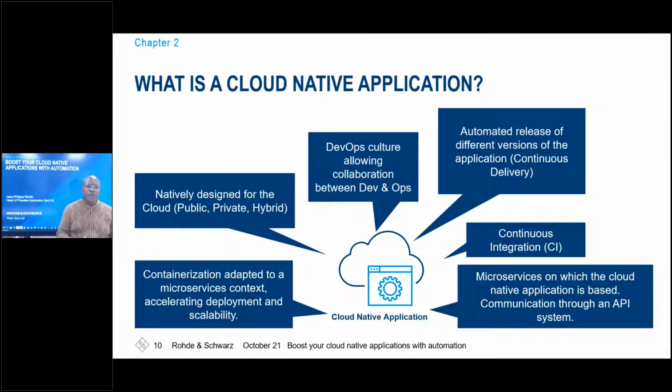So it should be built with DevOps in mind, development and operations in mind. And it should be a collaboration between those two teams, maybe a merge of those two teams, in order to push your release and to create your application. It also has to think about and involve continuous integration and continuous deployment, what we call the CI/CD loop.